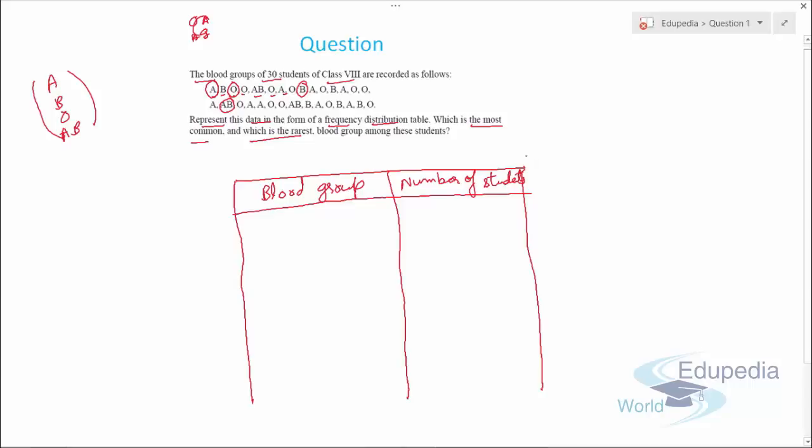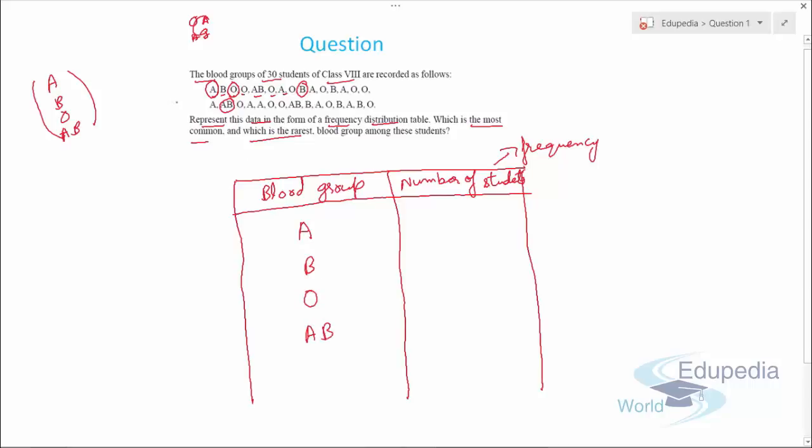So the number of students will be the frequency. The frequency is which blood group is repeating how many times. So we have 4 different blood groups. Let's say this is A, B, O, and AB, right?